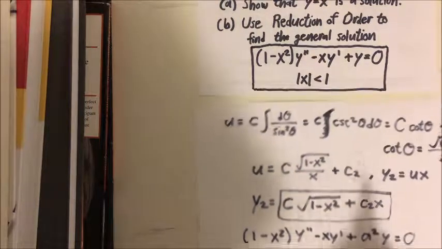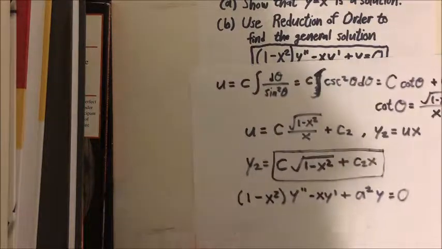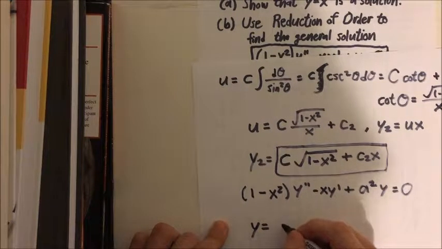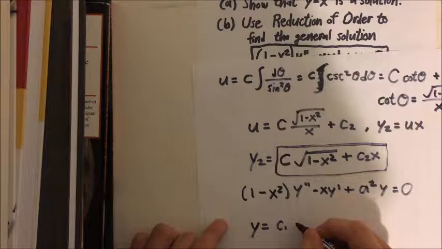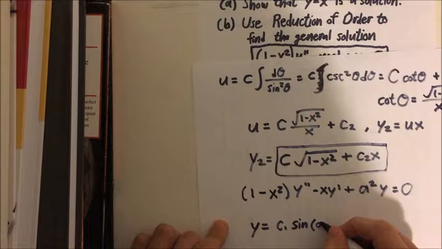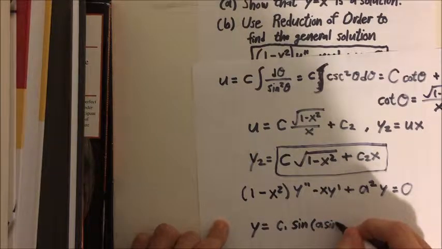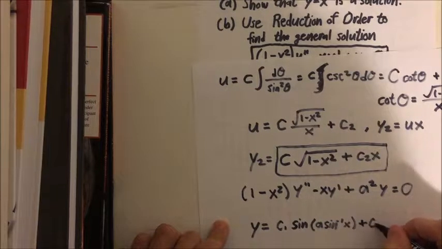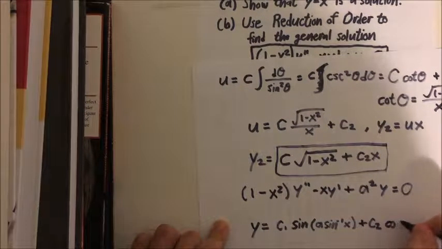And the general solution to this actually has a very interesting form. It looks something like this. y is equal to c1 times sine of a inverse sine of x plus c2 times cosine of a inverse sine of x.